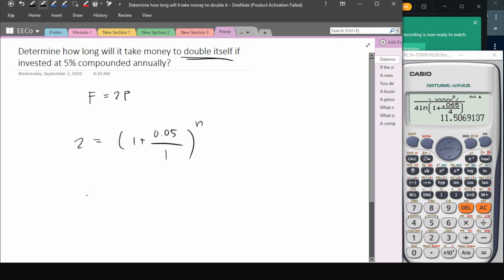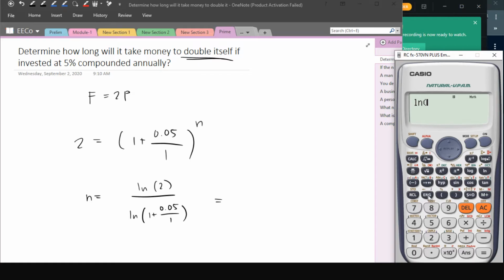Hanapin mo na lang, n is equal to ln of 2 divide by ln of 1 plus 0.05 over 1. How long will it take?